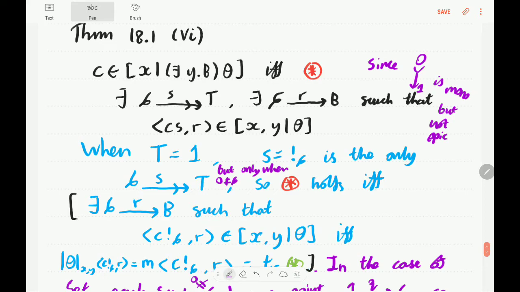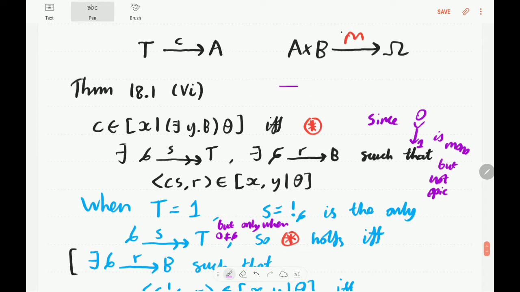But we know it can't be an epimorphism. We know that this arrow from 0 to 1 can't be an epimorphism. Why? Because in a topos, anything that's a monomorphism and an epimorphism is an isomorphism. And since it's non-trivial, we're assuming that the initial object and terminal object are not isomorphic to each other.